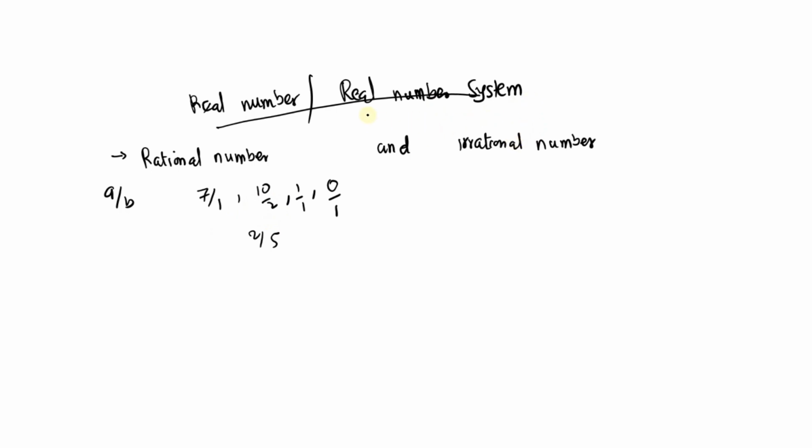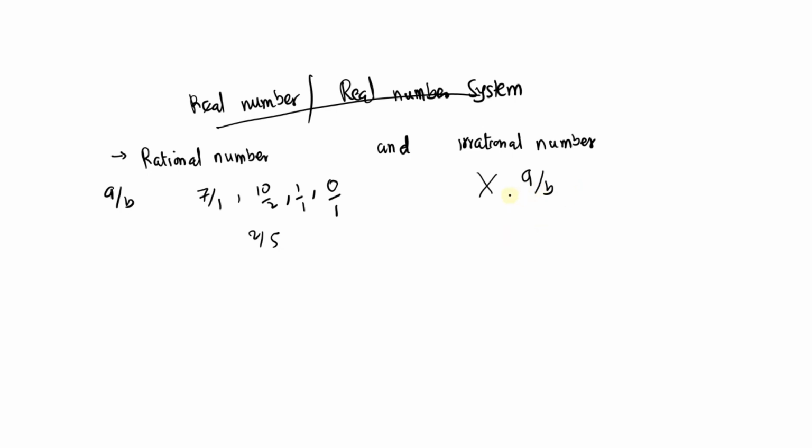And then the opposite is the irrational number, which is under the classification of real numbers. These numbers cannot be written in the form A over B, or as a ratio of two numbers.